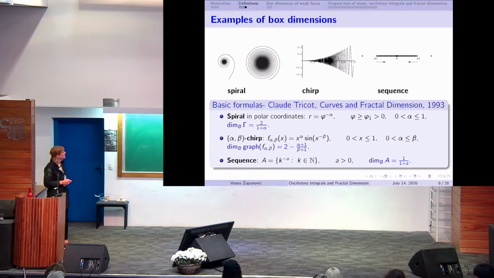This is box dimension for this type of spiral. Maybe to say that for alpha equal 1, you have dimension 1, but this curve is still with infinite length.